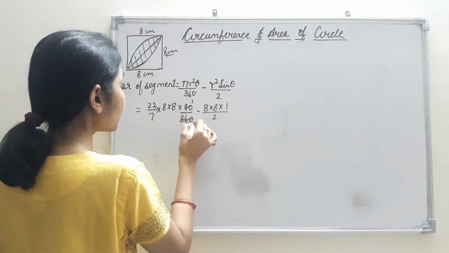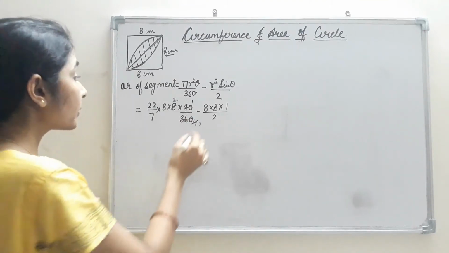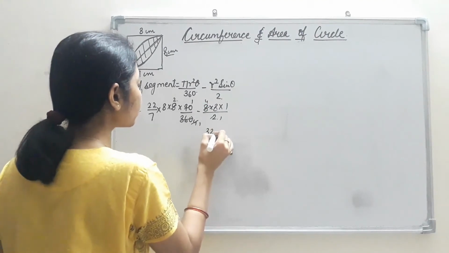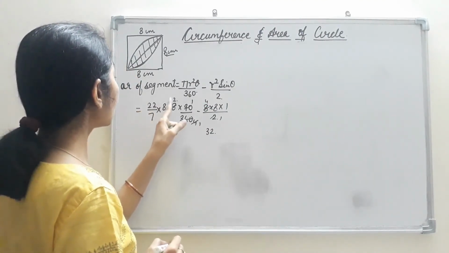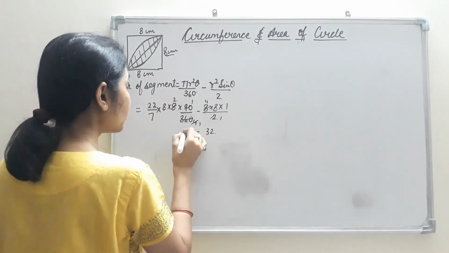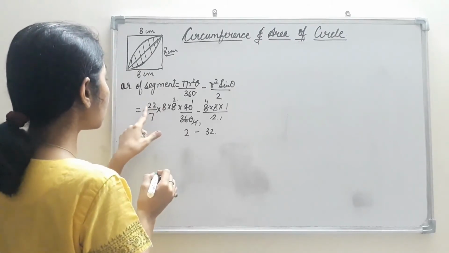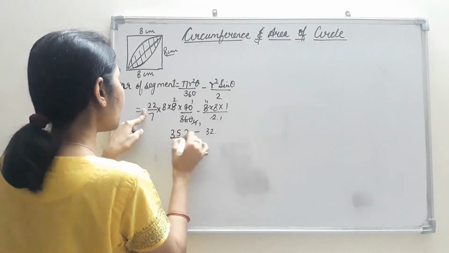Simplifying, 4 8s are 32 here, and 22 into 8 2s are 16, so 16 2s are 32, and again 16 2s are 32, plus 3, 352 upon 7.